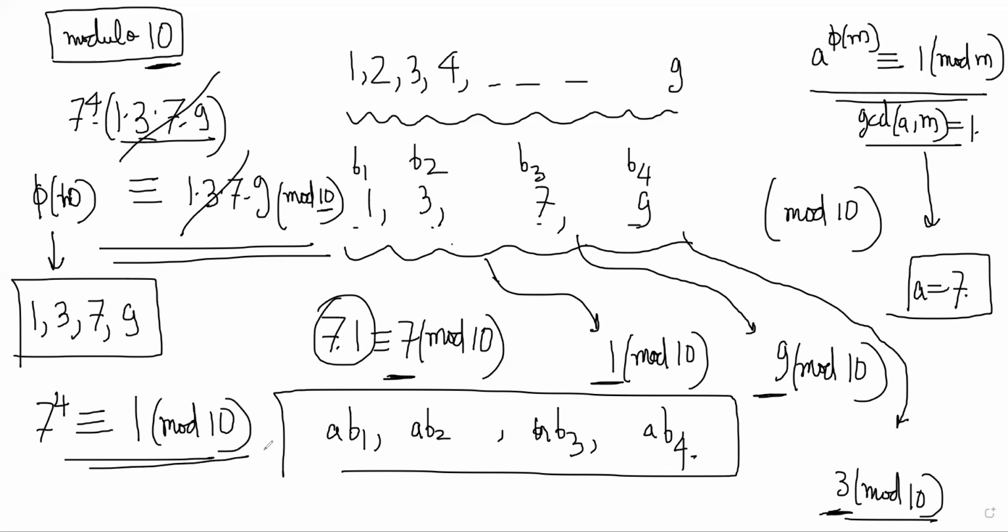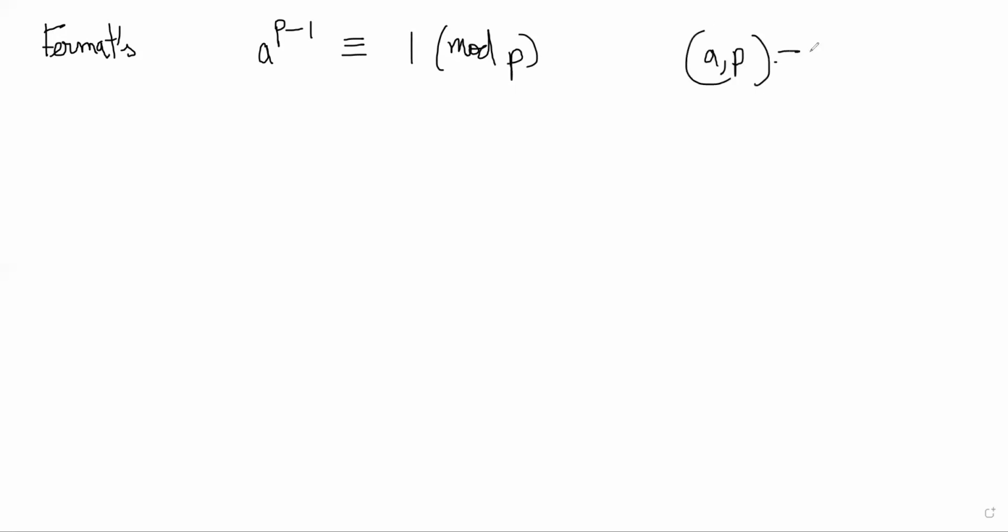So basically what is happening? Fermat's theorem was telling us that a power p minus 1 is 1 mod p, where a and p had GCD 1 and p was prime.